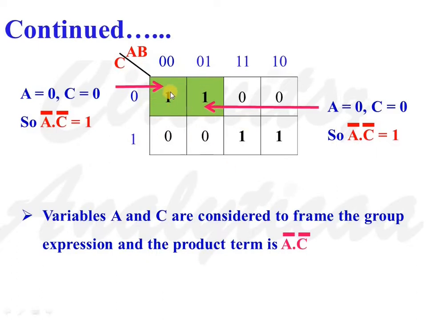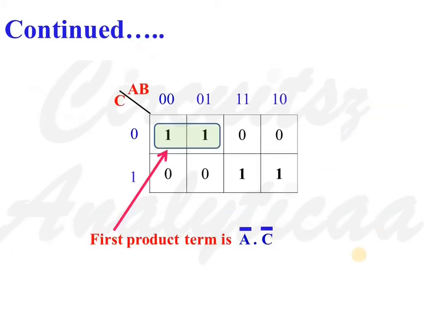For this group, as A is equal to 0 and C is equal to 0, in the expression for this product term, these variables appear in complemented form. So we can write the expression for the product term as A bar and C bar. So first product term is A bar C bar.